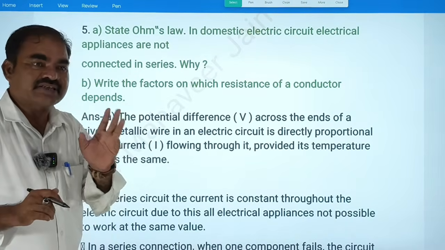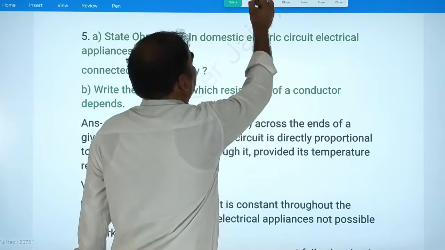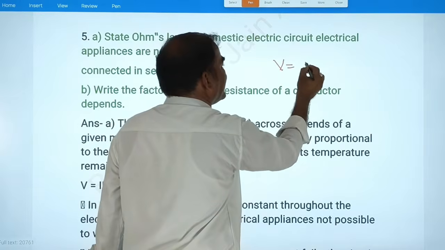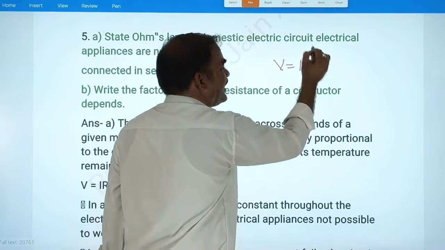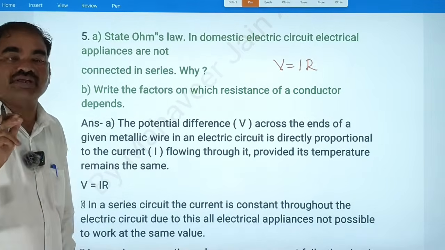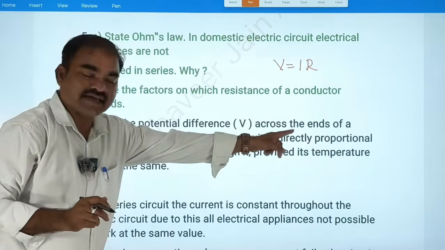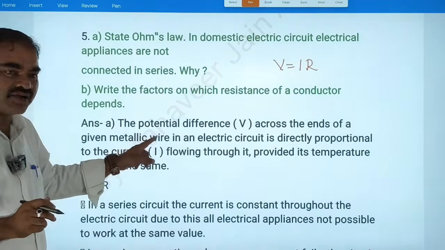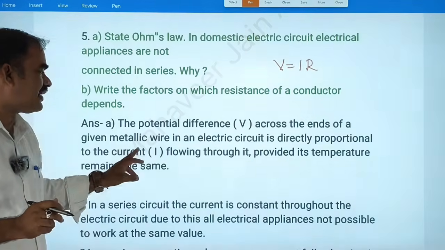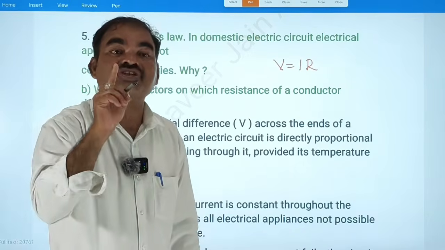What it says: the potential difference V across the ends of a given metallic wire in an electric circuit is directly proportional to the current I through it, provided temperature must remain constant.